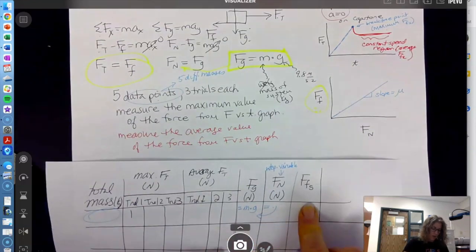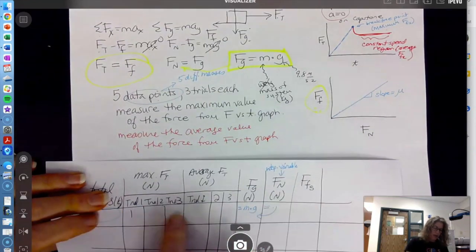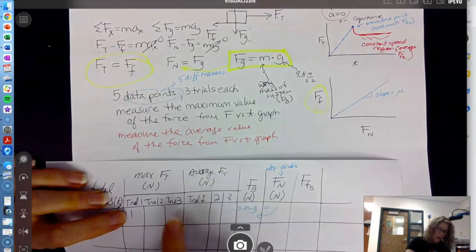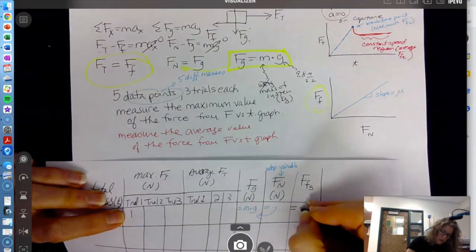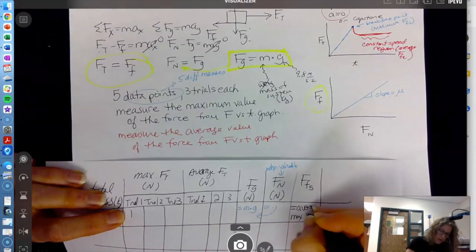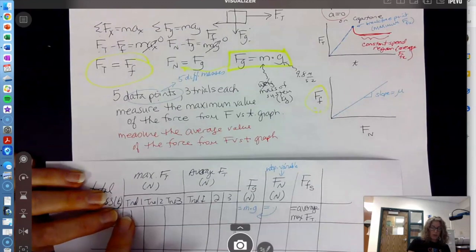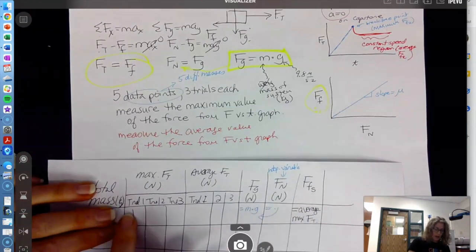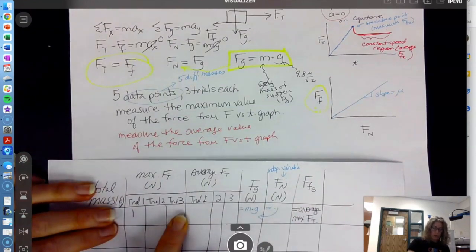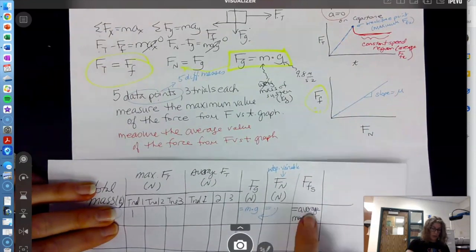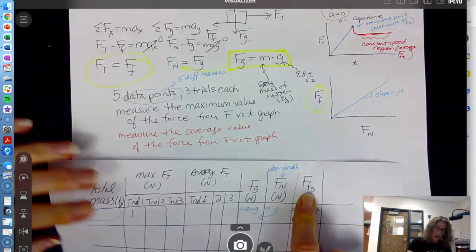Our static friction force is going to be the average of these tensions. So you can do your average maximum tension force. Now you know how to do a formula for average, right? You type the word average and then highlight these 3 cells so you can get the average tension force, because it's the same as your friction force.